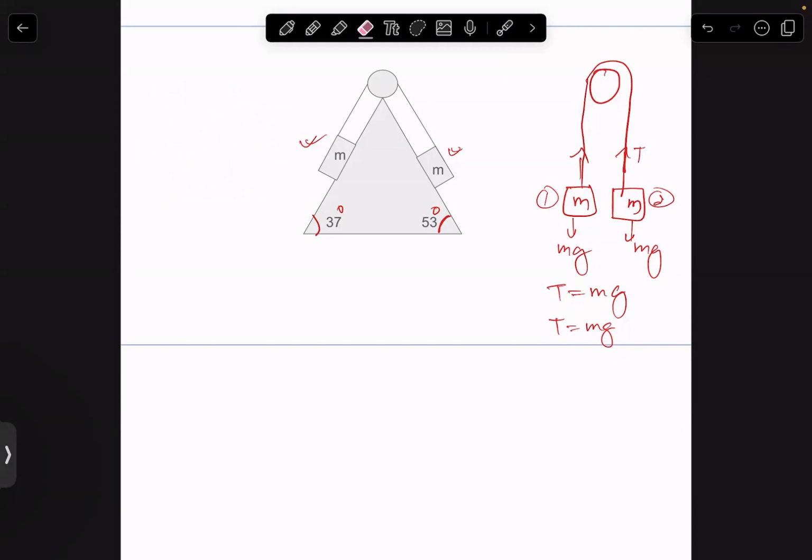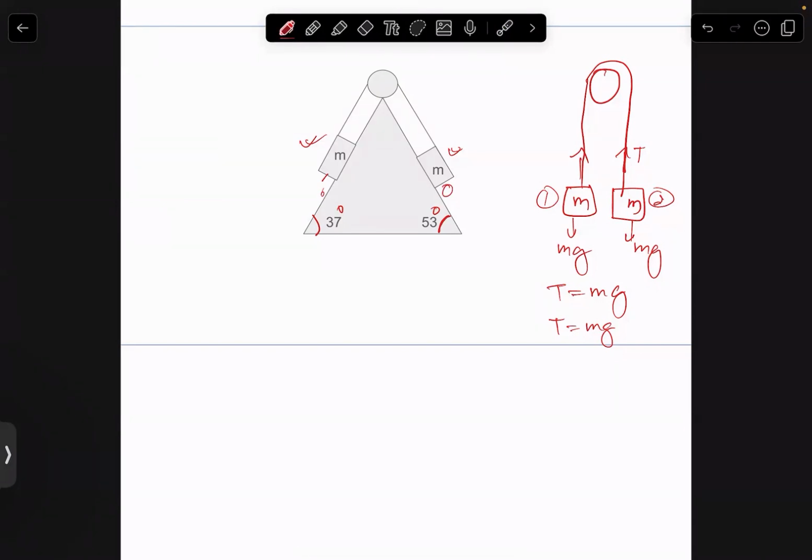Similarly here, if two equal mass blocks are suspended off the pulley, they will stay in equilibrium. But what will happen over this inclined plane? The effect of this m1g over this inclined plane and that inclined plane is going to be different. Why?